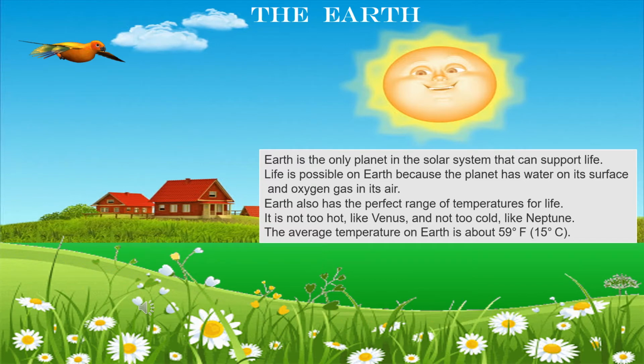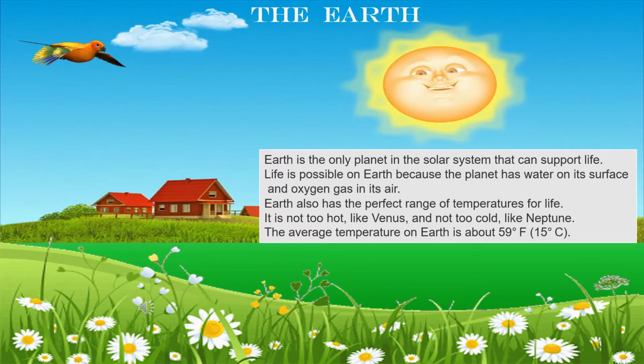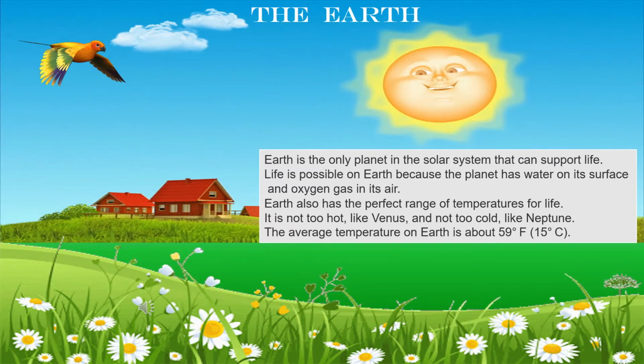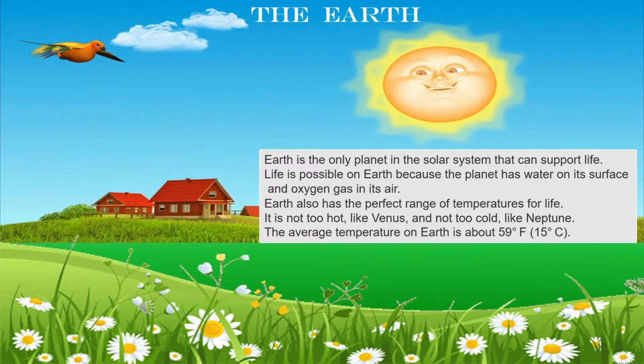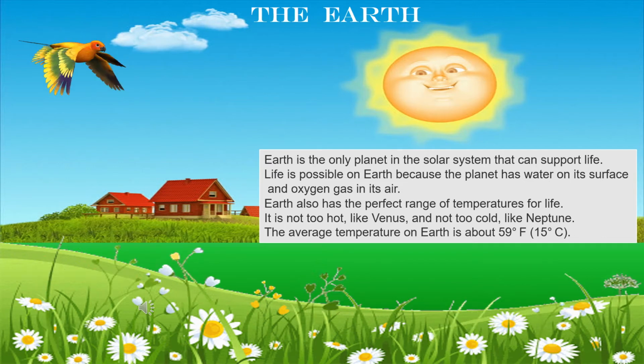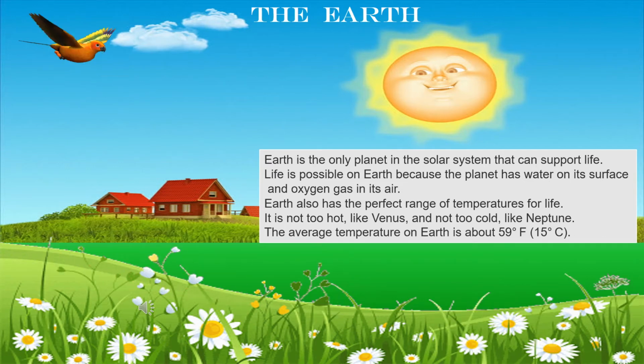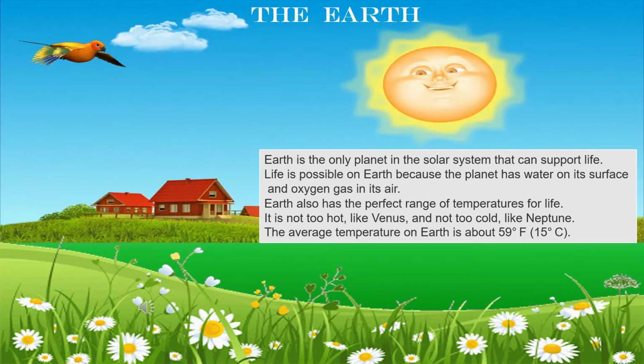So life is possible on planet Earth only because Earth has land, water and air, so that all the creatures, all the living beings can survive, as all the necessities of life are present there.